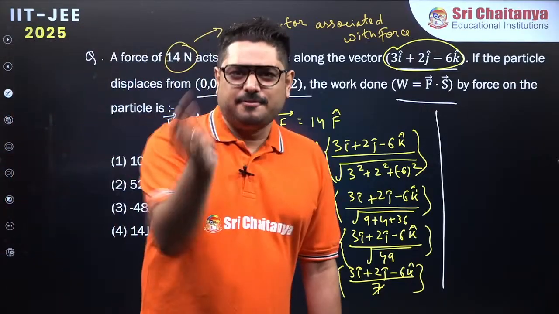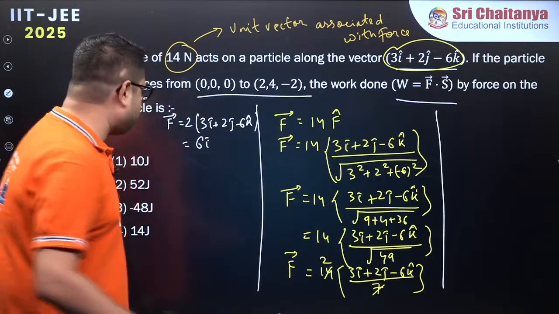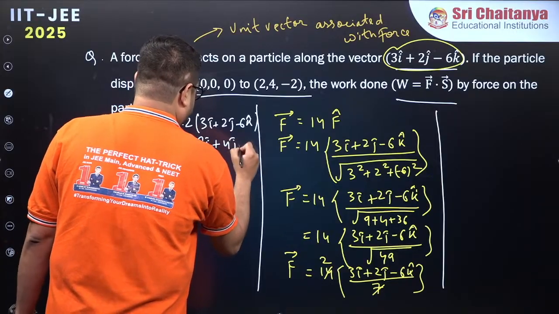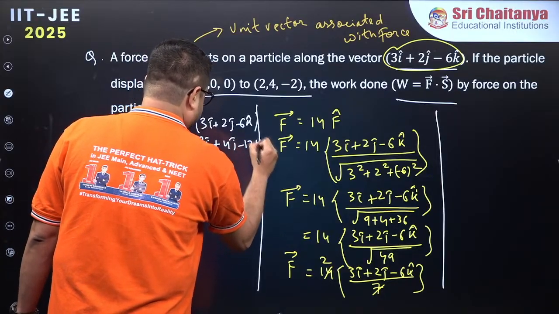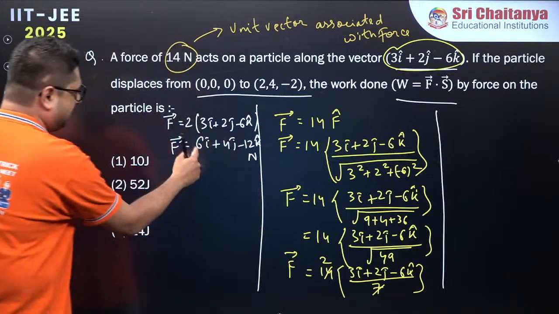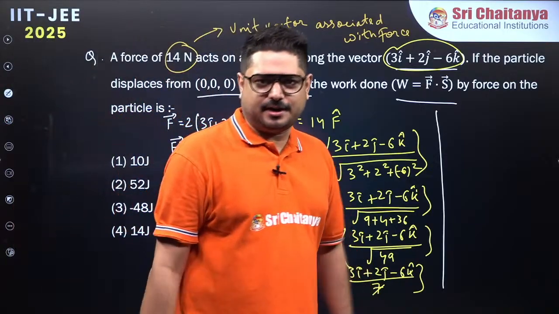Scalar is 2 with a vector which is 3i cap plus 2j cap minus of 6k cap. What I will be getting? 6i cap plus 4j cap minus of 12k cap, isn't it? So this is the force vector. I hope everyone's getting this. 2 into 3, 6. 2 into 2, 4. 2 into 6, that is minus of 12 over here.